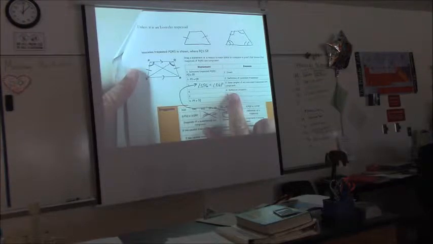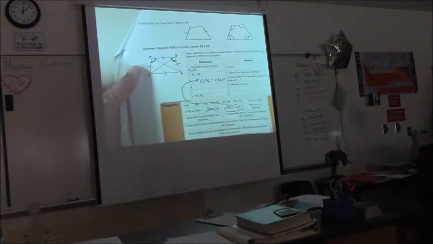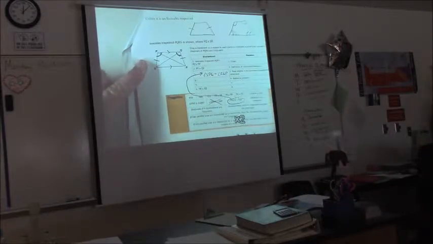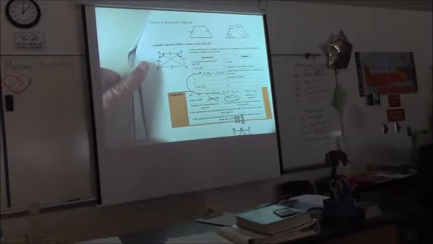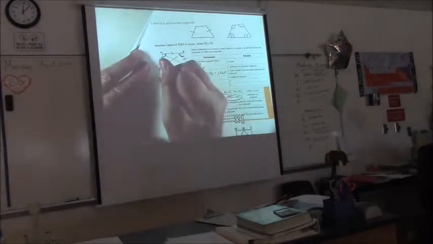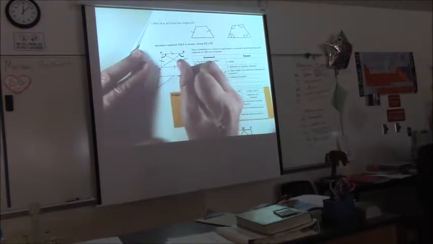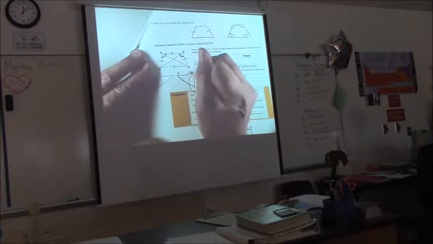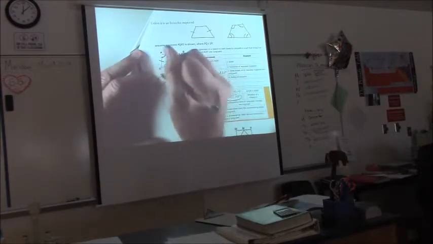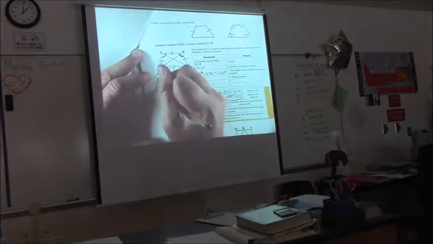All right, reflexive property. That means they shared something. What did they share? Well, this is not an easy proof. Well, I like this proof. Here's what they're up to. Ready? They're trying to prove that this triangle, I hope I can draw this, is congruent to this triangle. Let me put the letters in here. PQR, PQ, what is it, S?